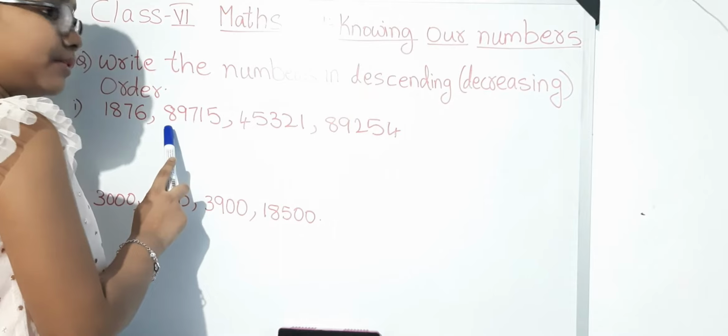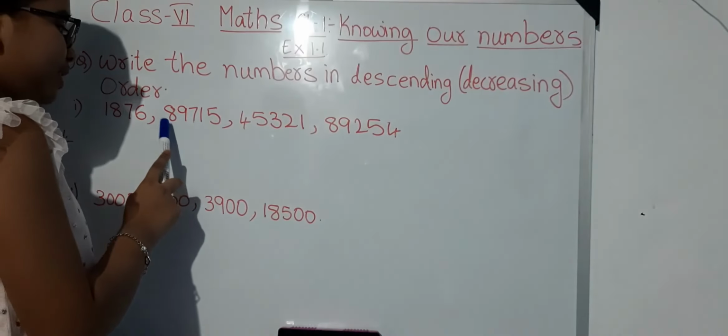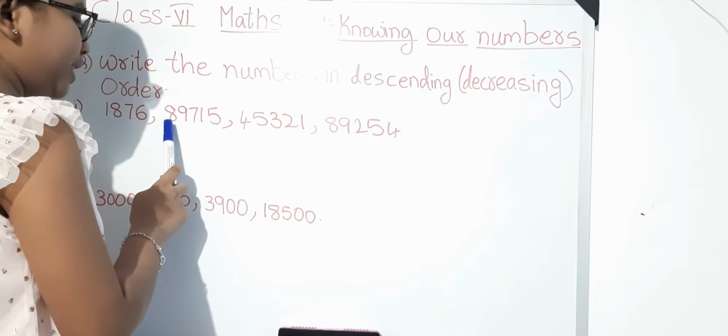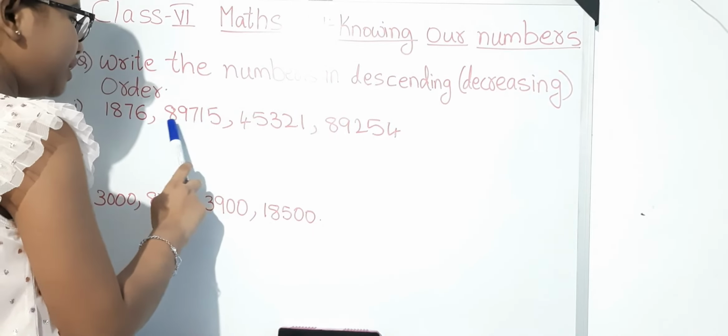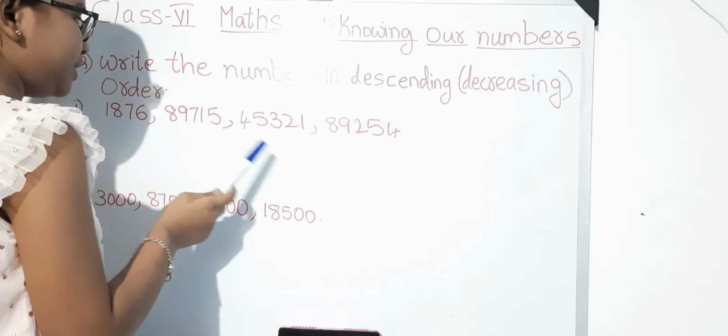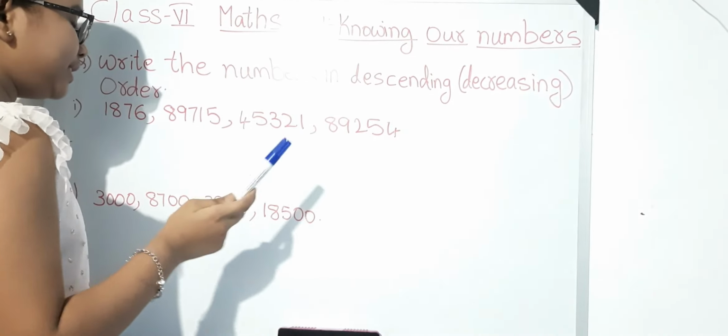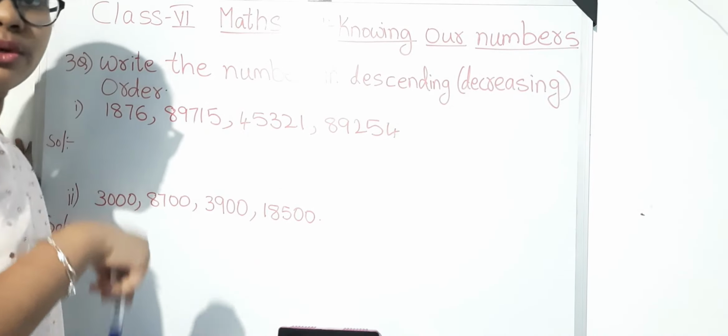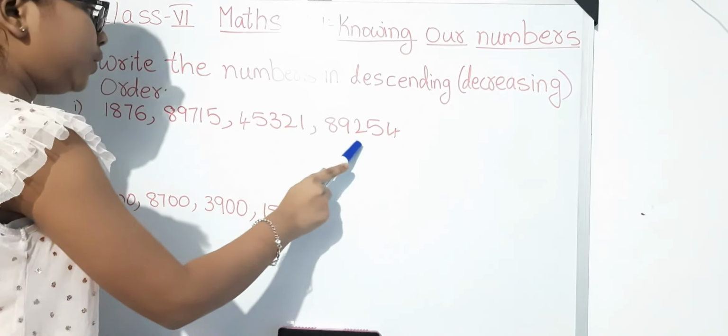In this, in the first digit, here 8, 4 and 8 is there. So 8 is the greatest. So we have to compare these both numbers. Here 8 is there and here also 8 is there. So we have to go to the next digit, which is 9, and here also 9 is there. So we have to go to the next digit, which is 7 and 2.